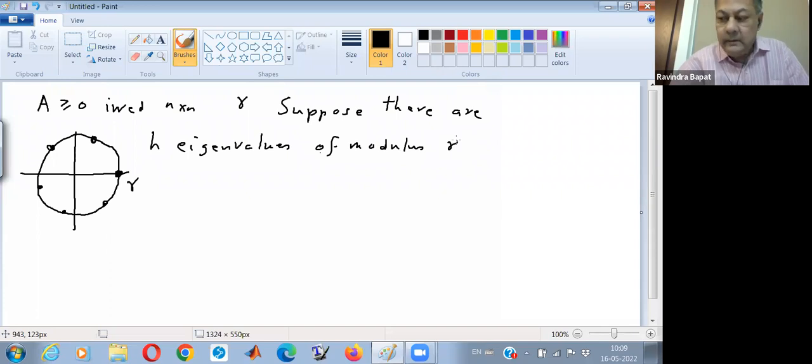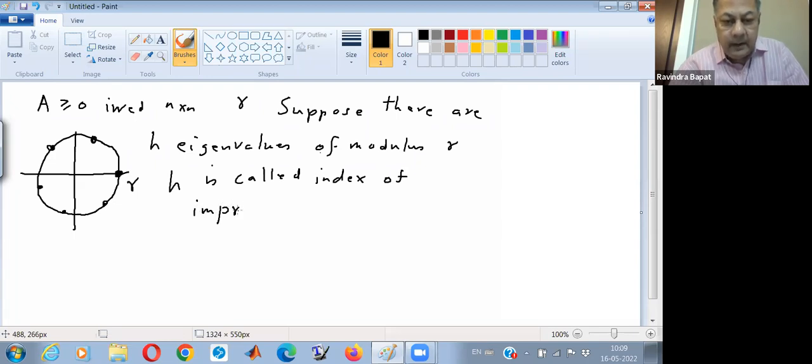And we call h the index of imprimitivity, or sometimes simply index. But this has nothing to do with the usual rank index. That is a different index. Imprimitivity.